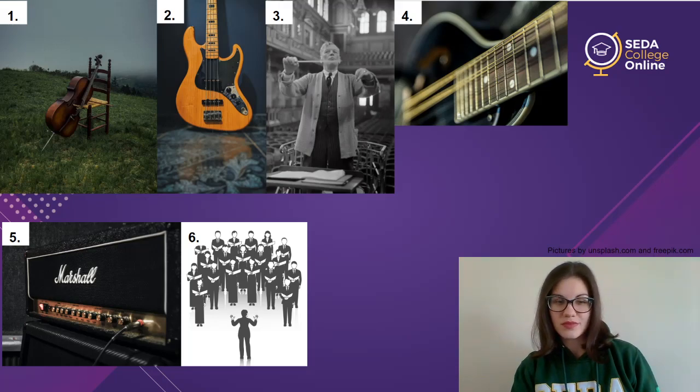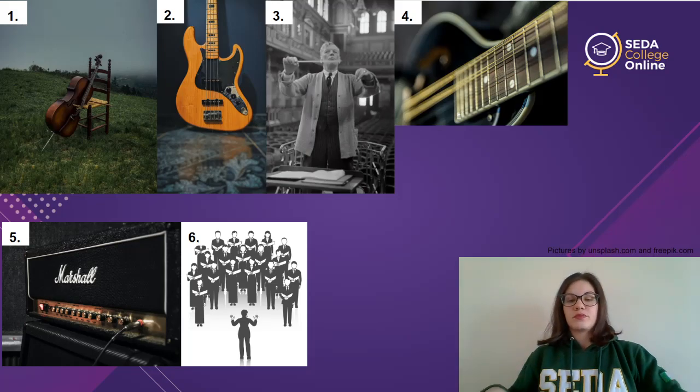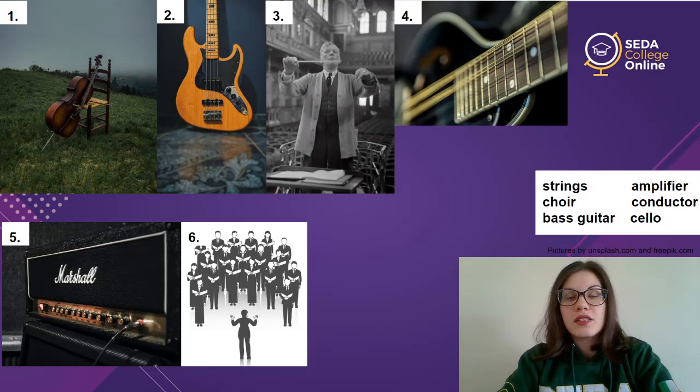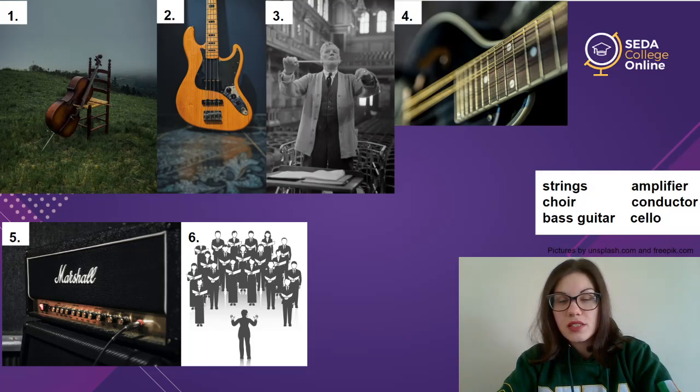So, let's see. This is the list. Of course, the words are mixed up. We don't know the correct order, okay? I'll just pronounce them for you and then you can match them to the pictures if you are not sure about something yet. So the first one is strings, choir.